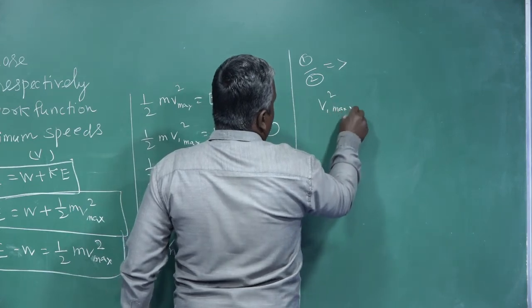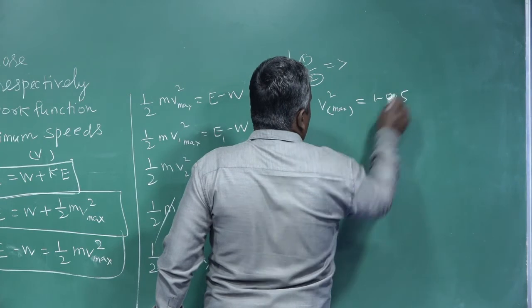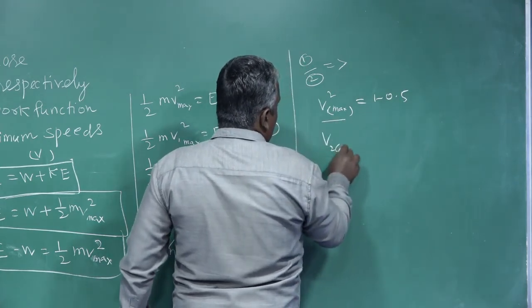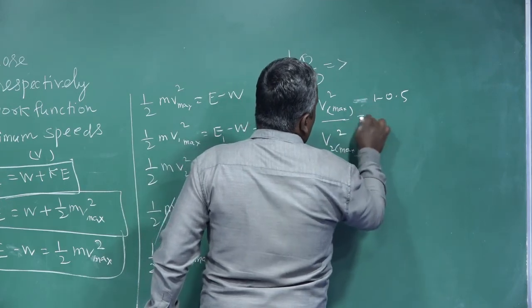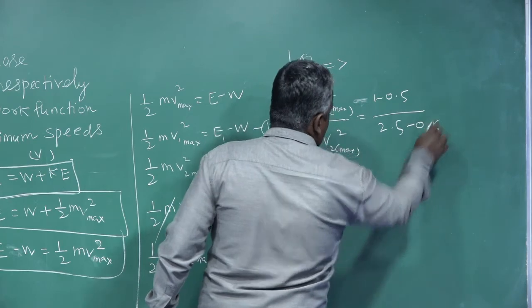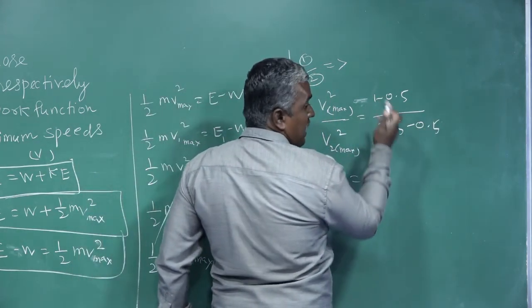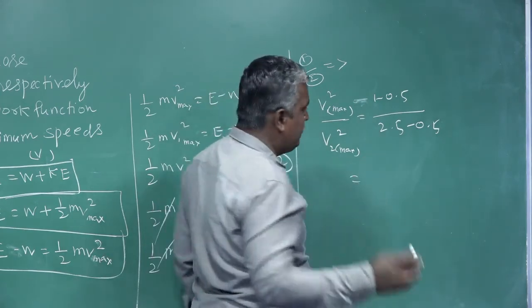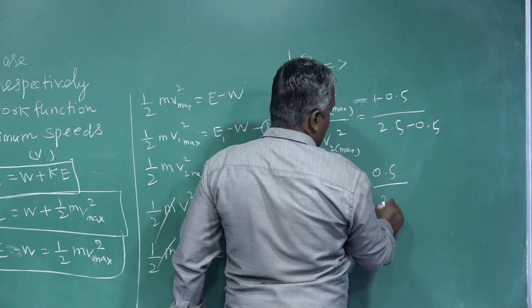V1 square maximum over V2 square maximum is equal to 1 minus 0.5 over 2.5 minus 0.5. That's very simple. 1 minus half is 0.5, and 2.5 minus 0.5 is 2.